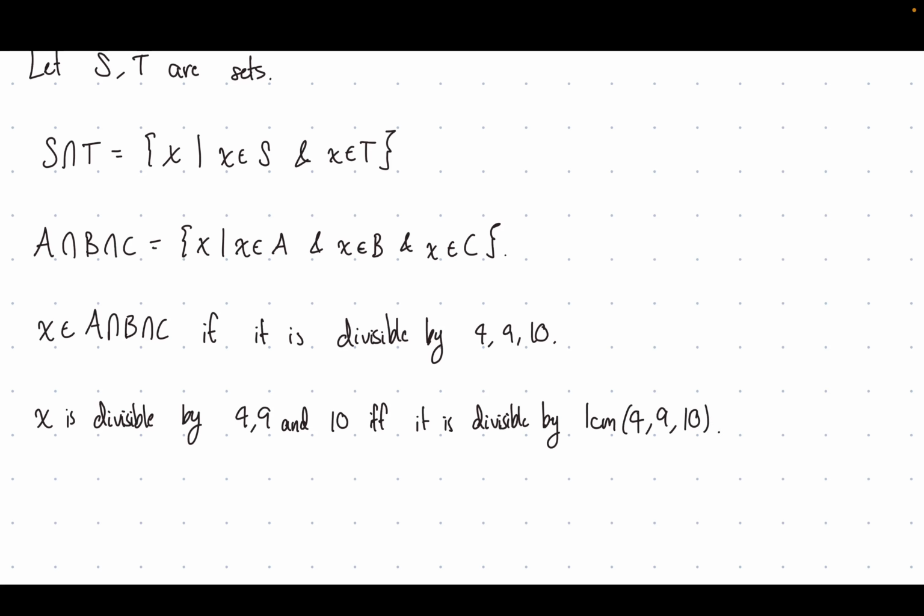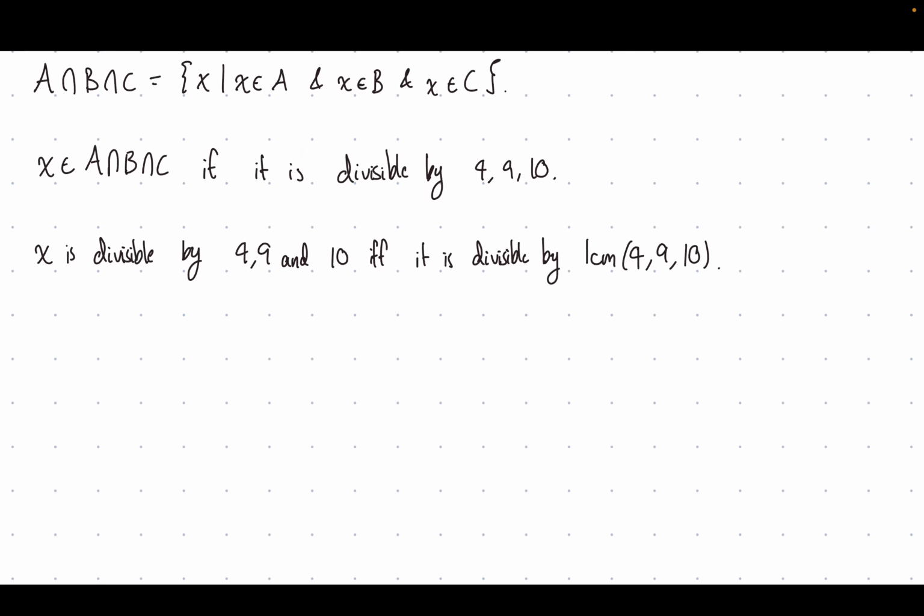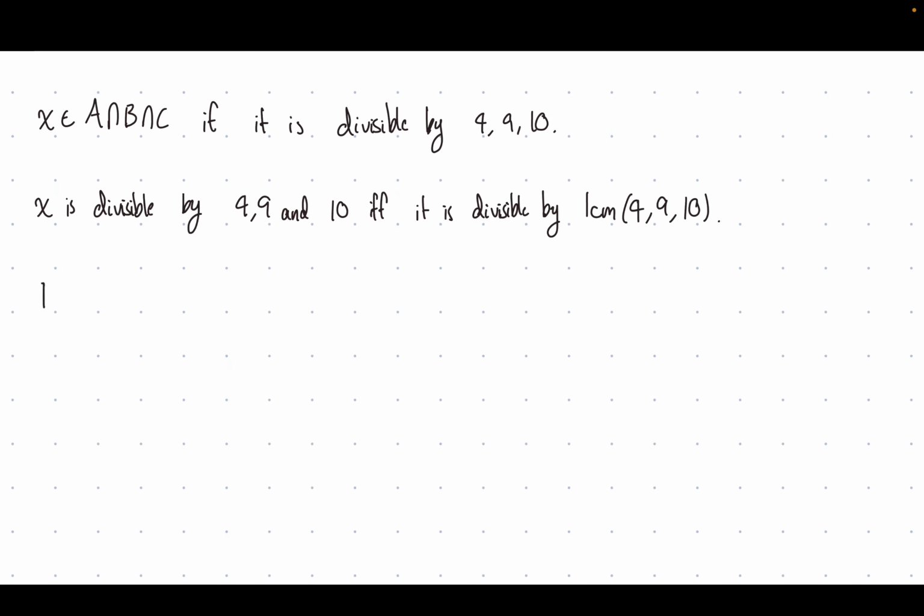LCM of 4, 9, 10. Now, there are many ways to get to the least common multiple. What I like to do is just decompose each number into factors. So 4 is equal to 2 squared, 9 is equal to 3 squared, and 10 is equal to 2 times 5.